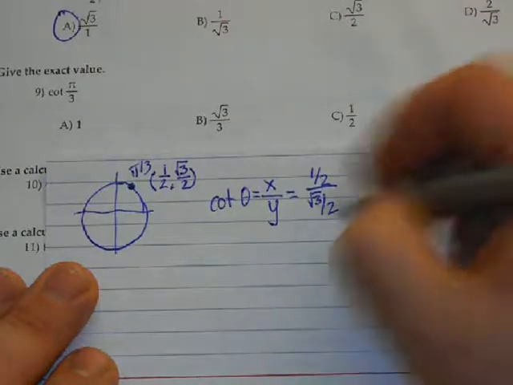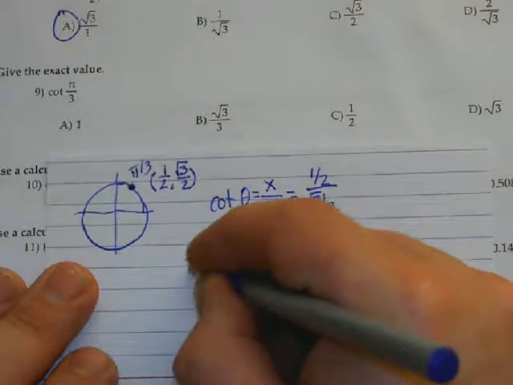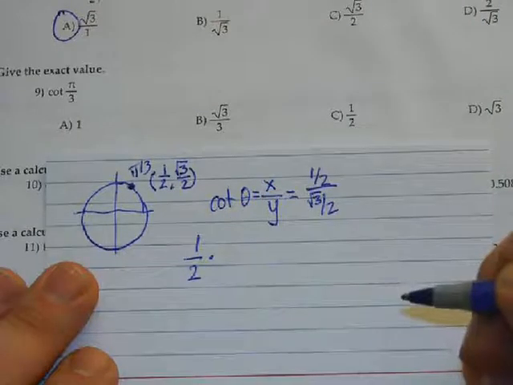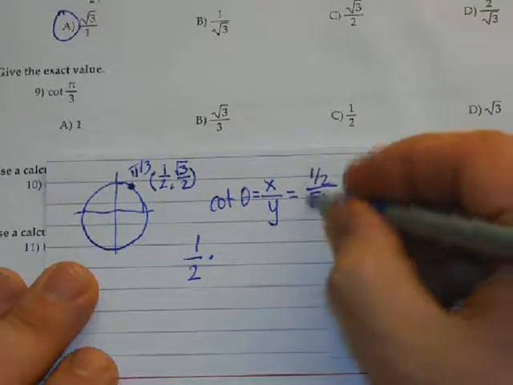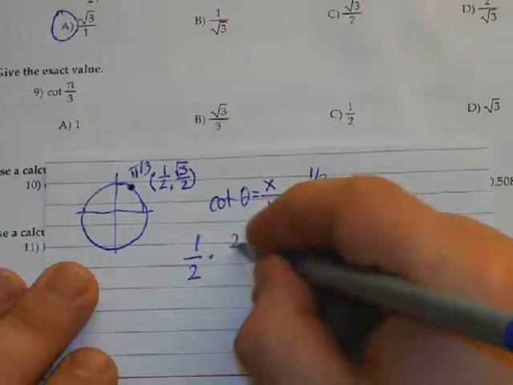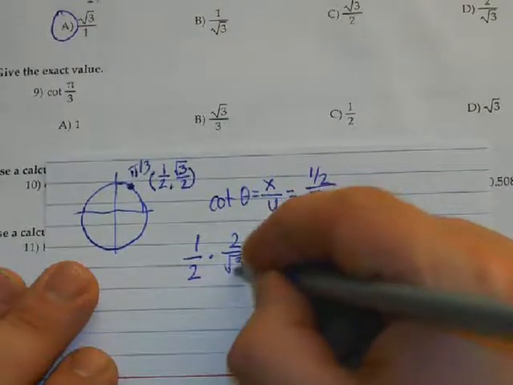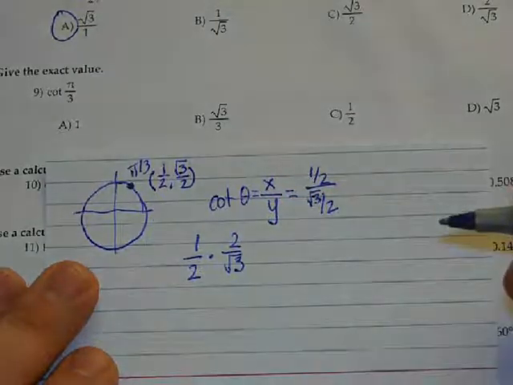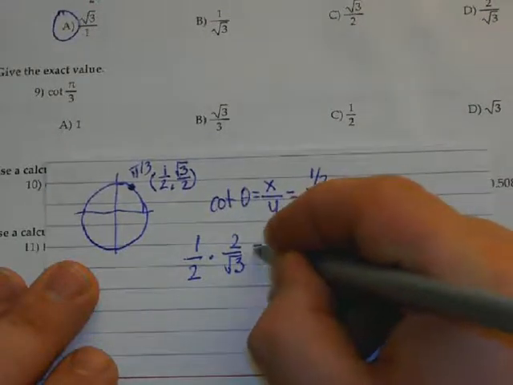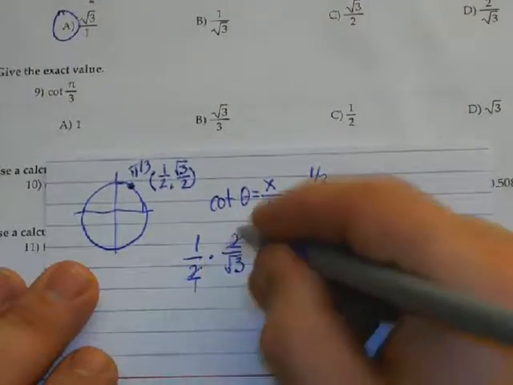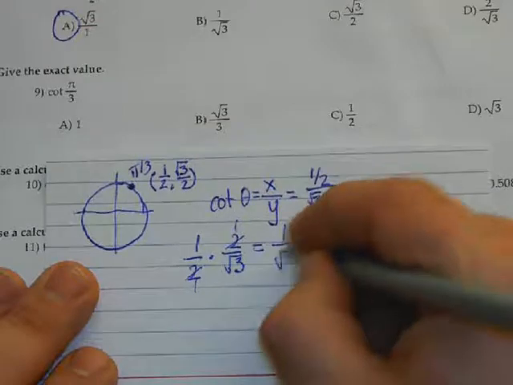To simplify, I'm first going to divide, and I'm going to change it to multiplication. This is the same thing as 1/2 times 2 over radical 3. Those cancel out, giving me 1 over radical 3.